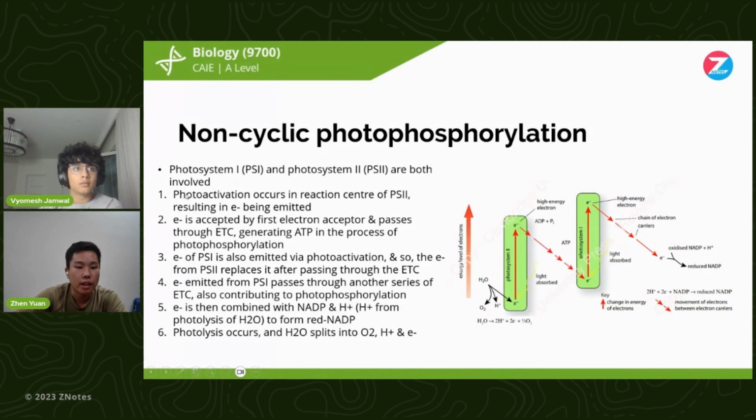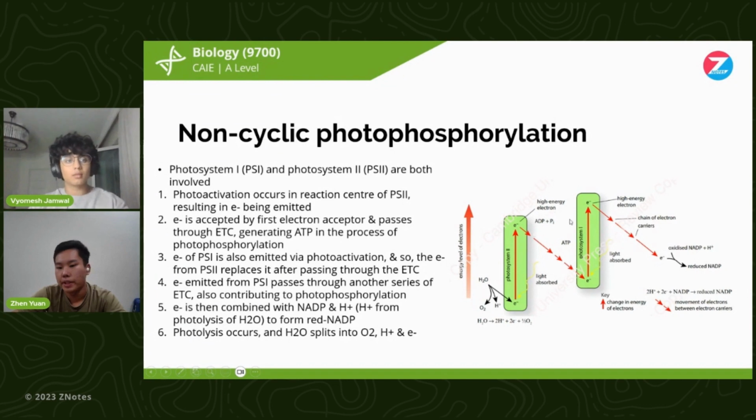But yeah, photoactivation occurs in the reaction center of photosystem 2, resulting in your electron being emitted. So the first photosystem that is involved is actually your photosystem 2. Your electron is photoactivated and then emitted and is accepted by your first electron acceptor, and photophosphorylation occurs, chemiosmosis occurs, and your ATP is generated.